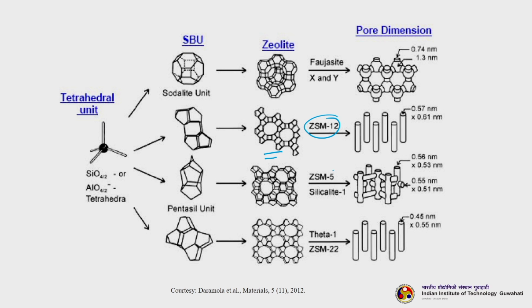Then the next one is ZSM-5, another class of ZSM membrane, in the presence of silicalite-1. It has cylindrical pores arranged in a very different way. The pore size is usually 0.456 nanometer, and the next one is theta-1, a ZSM-22 zeolite. Its pores are also cylindrical, with a pore size of 0.45 nanometer.